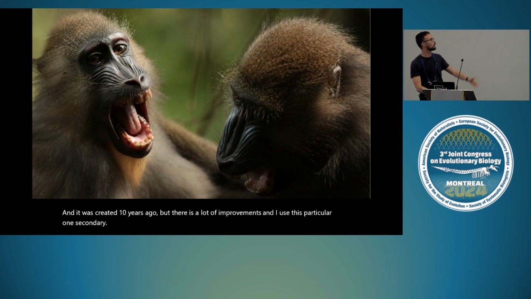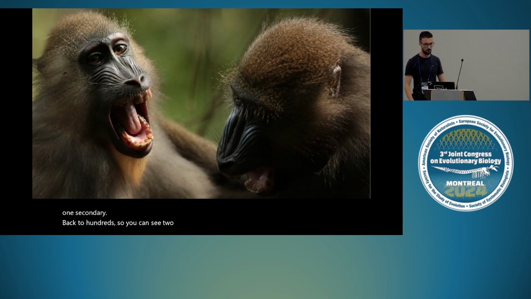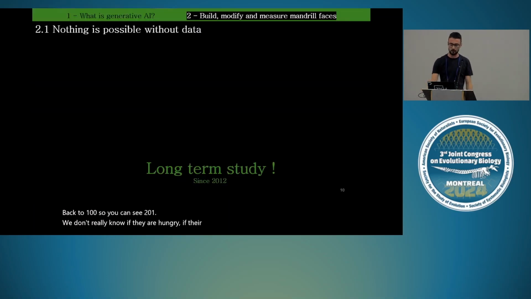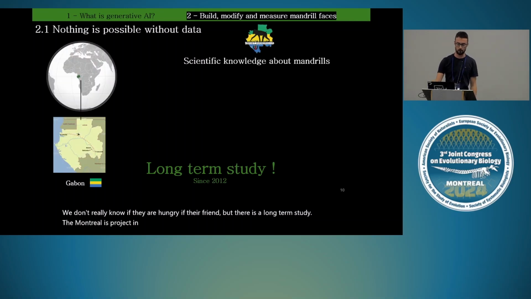Back to mandrills. So you can see two mandrills. We don't really know if they are angry, if they are friends, but there is a long-term study, the Mandrills Project in Gabon. The purpose of this project is to discover things about mandrills. So they do a lot of things in the field.